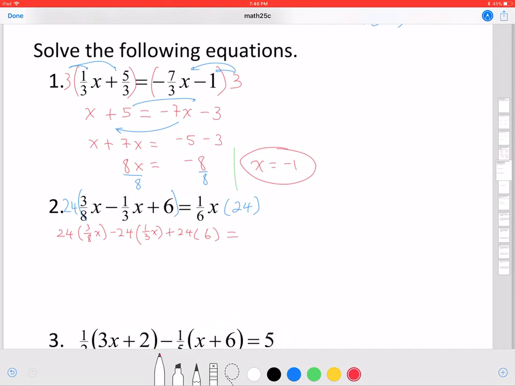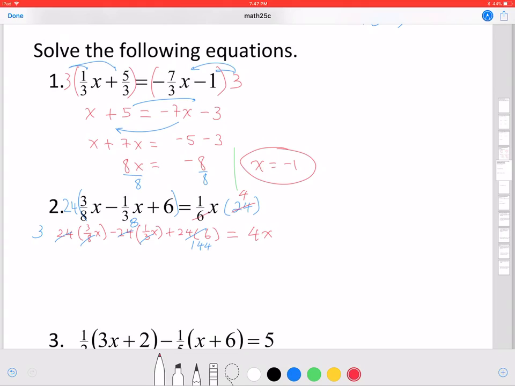The right-hand side is kind of easy because there's only one fraction, so we just have 4x. The left-hand side, because we have 3 terms, is a little bit long. Okay, 24 times 8, 24 times 3, and 24 times 6 is 144.